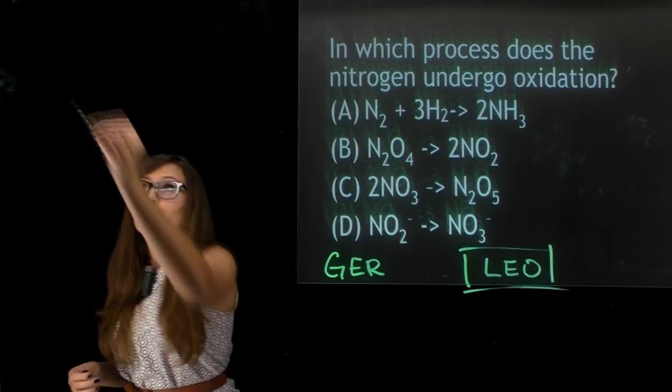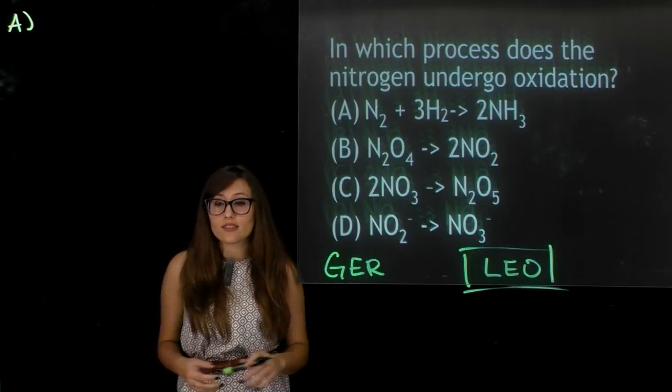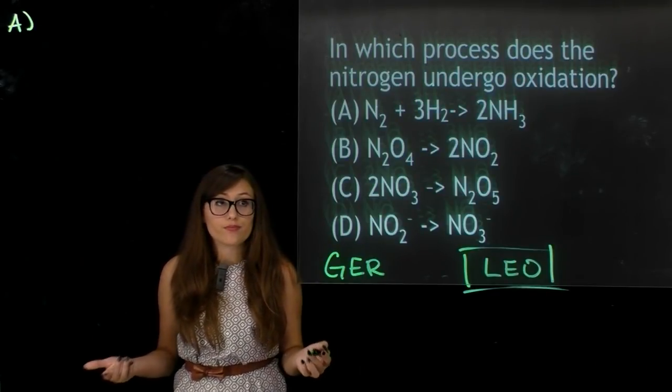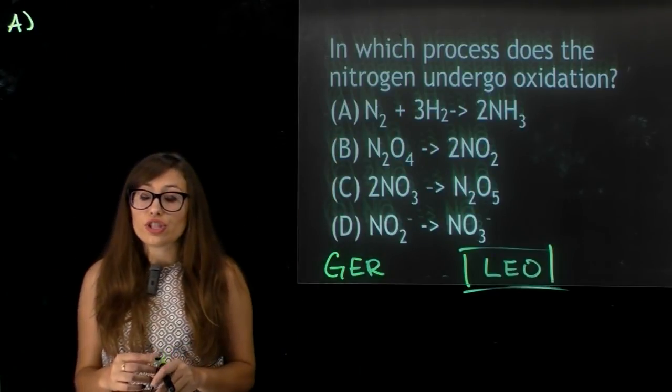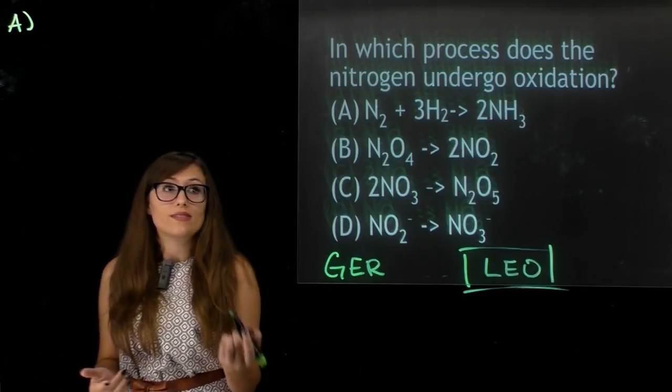So let's start off with A. And when we do these problems, remember you have to take in consideration the rules for determining oxidation numbers. So in this case, when nitrogen is in its elemental form and nitrogen is diatomic, it's always 0.